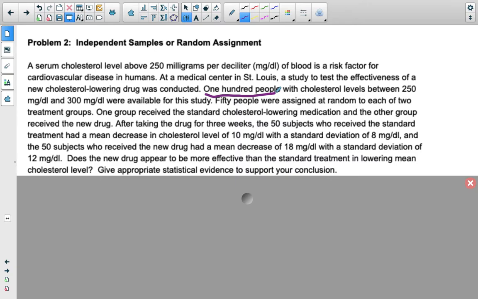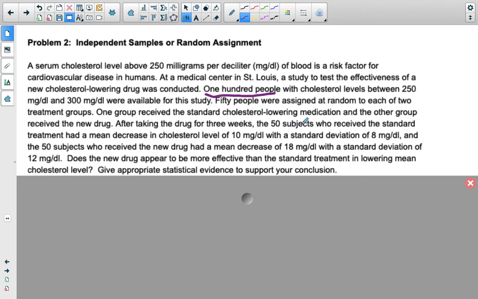Whenever we see this statement right here, give appropriate statistical evidence to support your conclusion, we're talking about a hypothesis test. So to understand this, you have two groups, which can be regarded as subsets of two different populations. A population of people who have taken the standard cholesterol lowering medication, and the other one would be regarded as 50 people, a subset or a sample from a second population who receives the new drug.